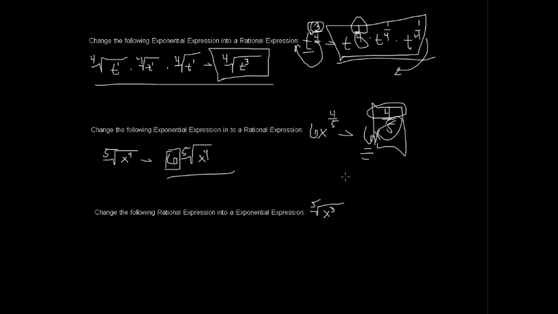The final one we have on this screen is to change the following radical expression to an exponential expression, rather. It's backwards of what we're doing here. We're just going to take this 5 times the radical of x to the 3rd, pretty sure that's how it's spoken, and turn it into that, or better yet, that. We're just going to do the same thing in reverse. If you want to visualize it, we'd start with this, then go to that, and finally end up with that.